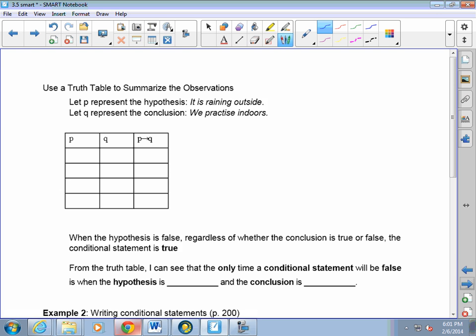So when our if statement was true and our then statement was true, our conclusion was true, and our conditional statement was true. When they were both false, if our if was false and our then was false, our P arrow Q, and remember that P arrow Q means P implies Q, was true.